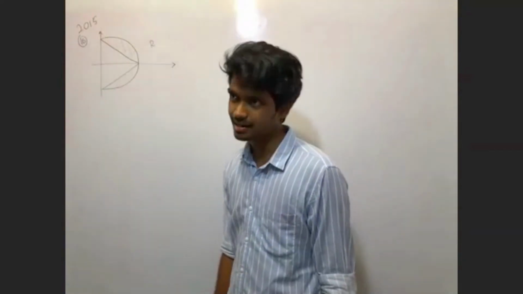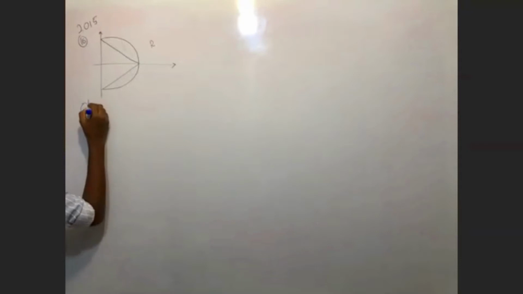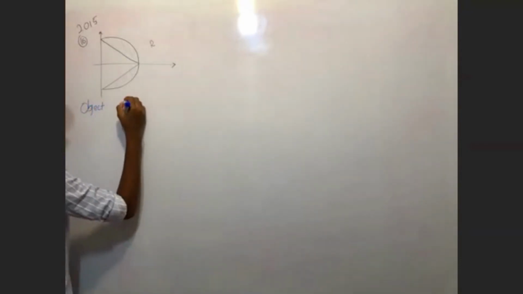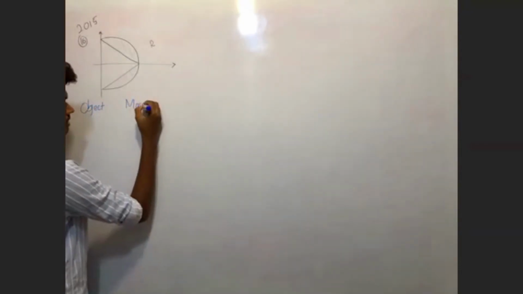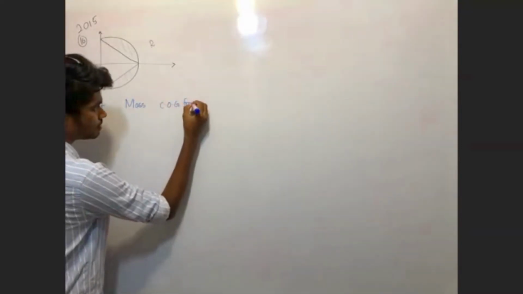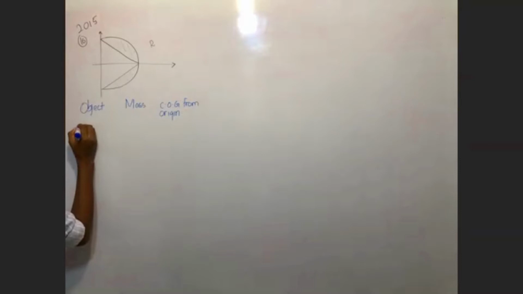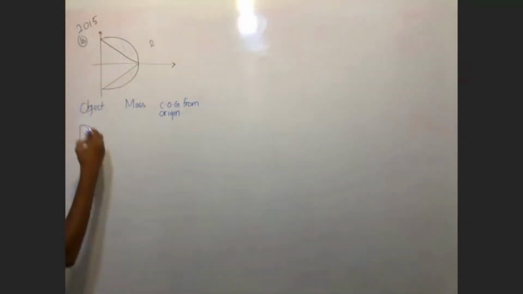So let's apply our usual table: object, mass, and COG from origin. What is the first object? It is a hemisphere.